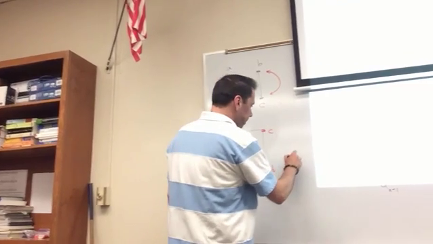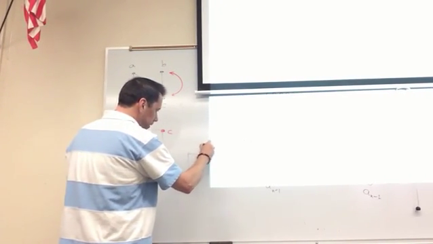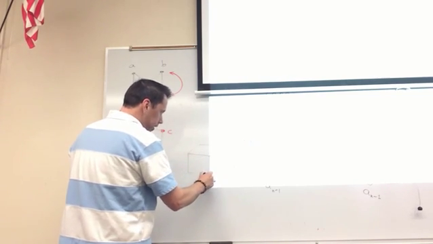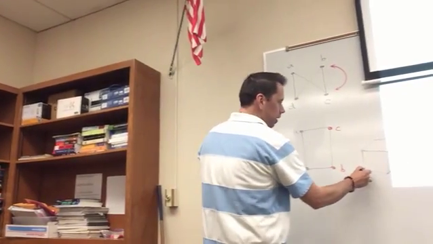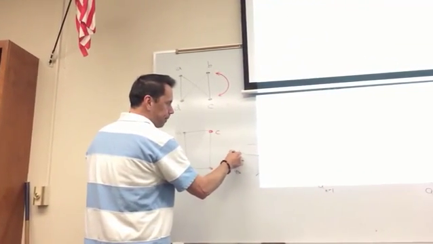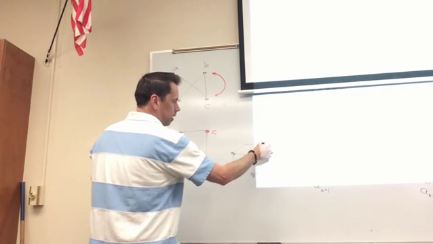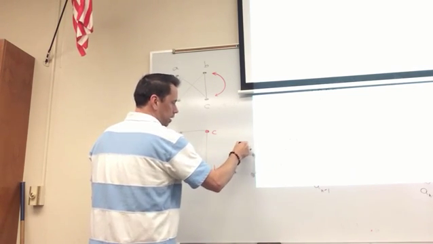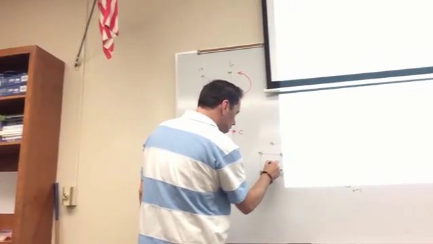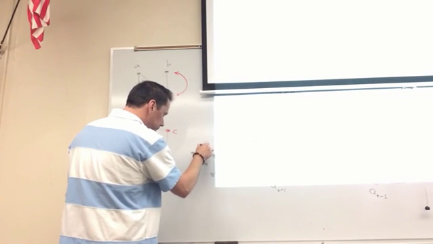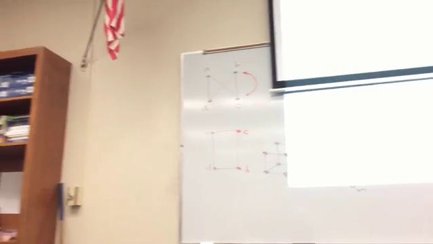Speaking of 3D, you're used to seeing people try to draw 3-dimensional things on 2-dimensional pieces of paper. This right here is a graph. It has one more vertex. Okay.